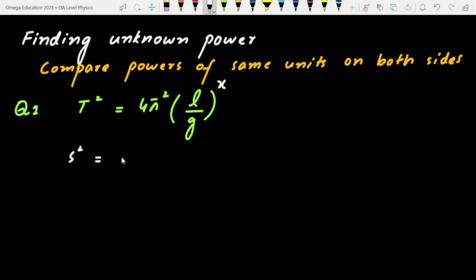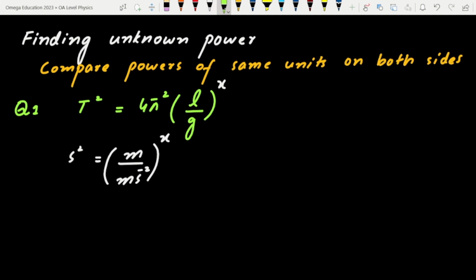Length would be in meters divided by g, which represents acceleration of free fall, m s minus 2. All the quantities they mention in the question, whatever each letter represents, raised to the power x.